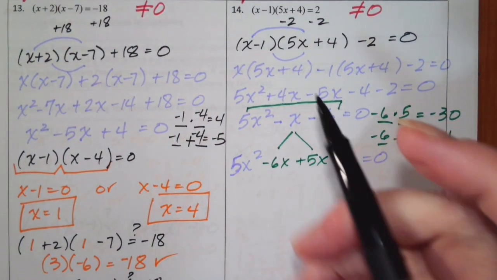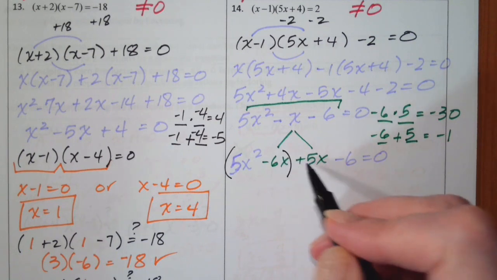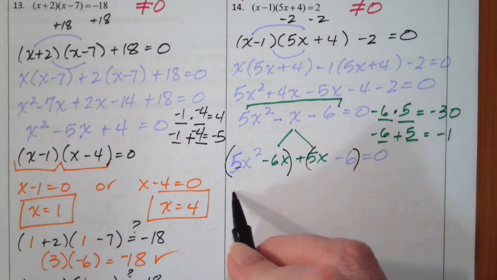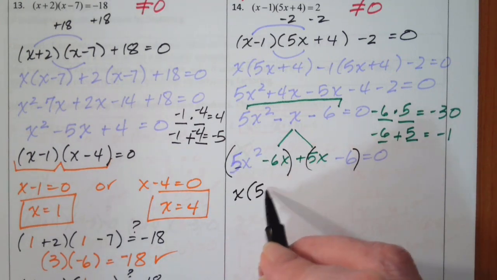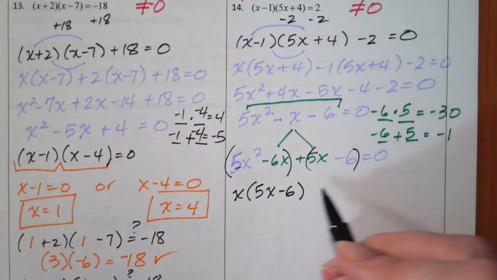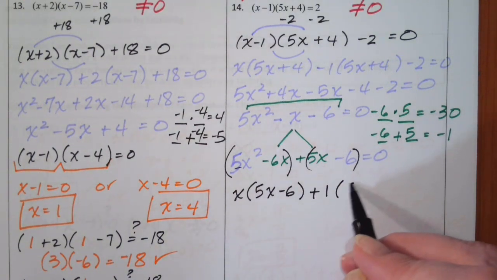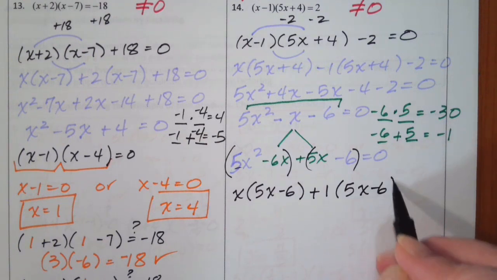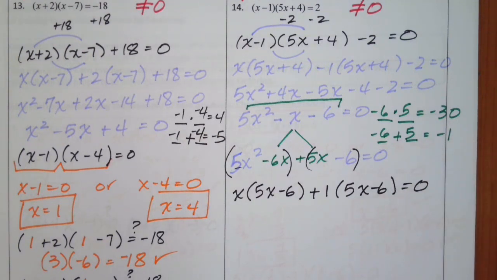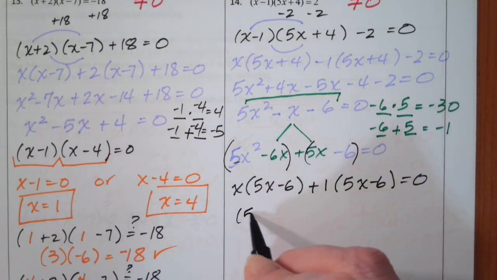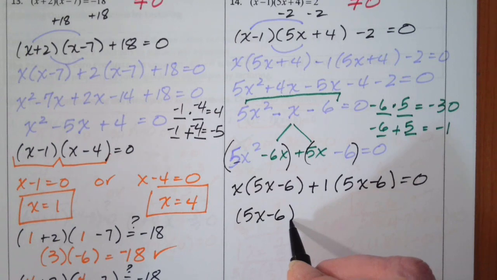The whole point of doing this is so that I can group these. I've got a plus sign so I don't have to do anything fancy. Greatest common factor here is x times 5x minus 6. The greatest common factor here is 1. I have a common binomial factor of 5x minus 6.